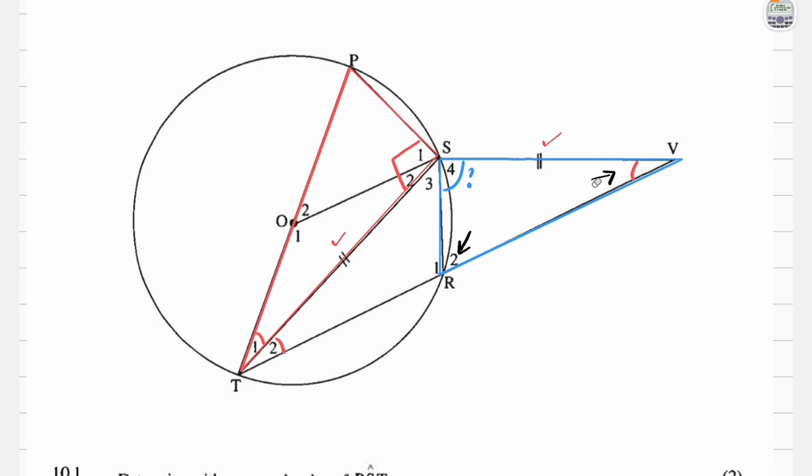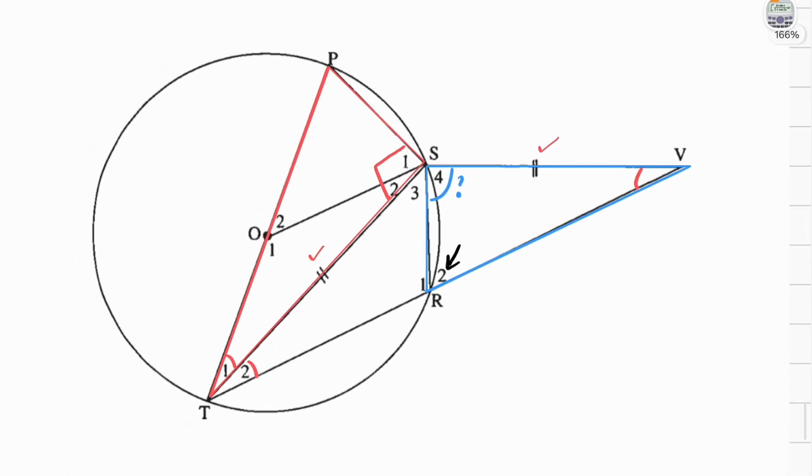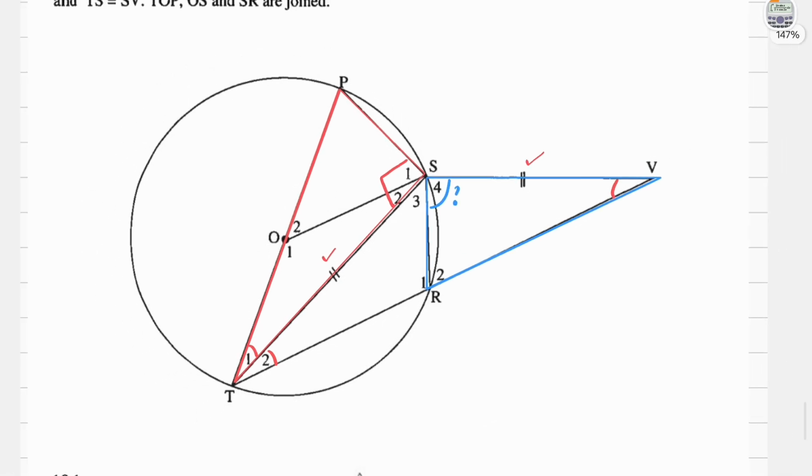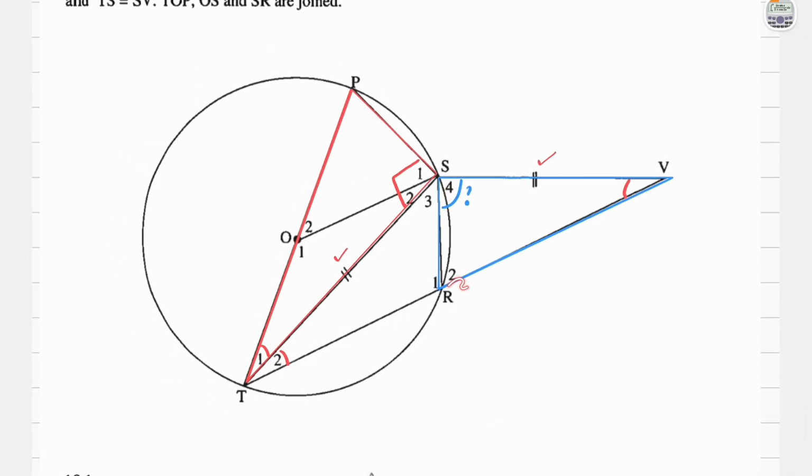So let's focus on angle R2. How can we find the size of angle R2? Well, do you notice that angle R2 is an extension of TR? And TR is one of the sides in this cyclic quad. This is a quad that has been drawn inside a circle with the four endpoints being on the circumference.